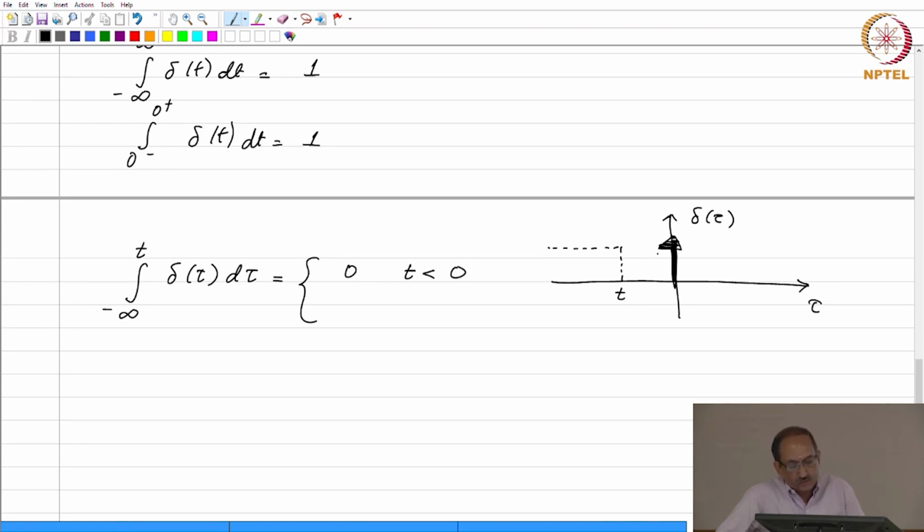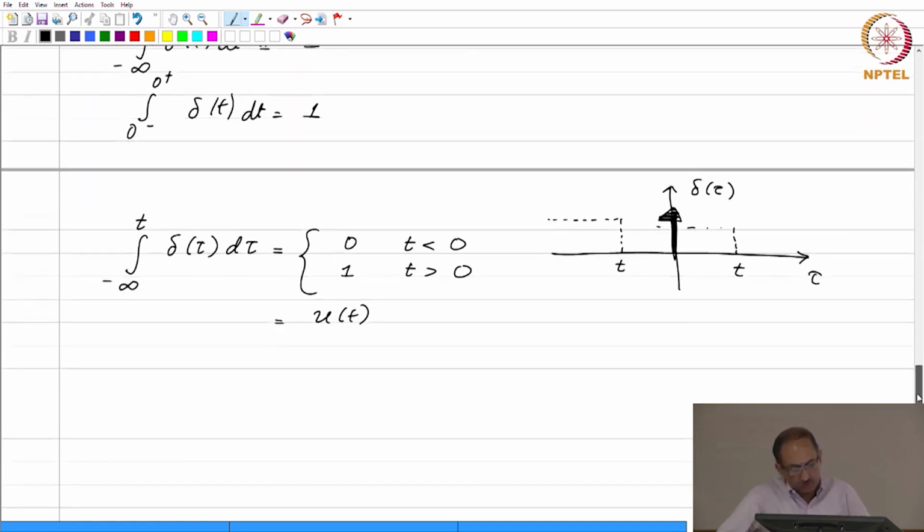The other possibility, of course, is the value of t being greater than 0, in which case the running integral value is 1. And lo and behold, a function that is 0 for t less than 0 and 1 for t greater than 0 is nothing but our usual unit step function, right.